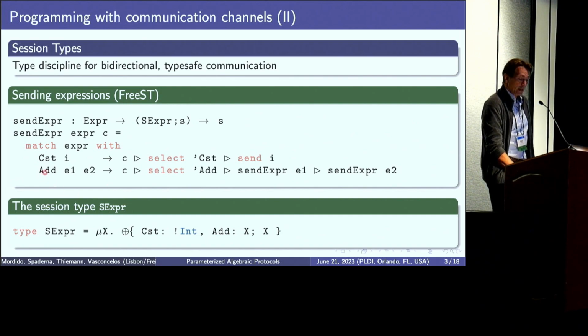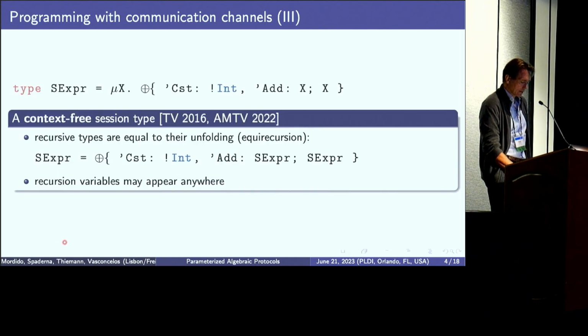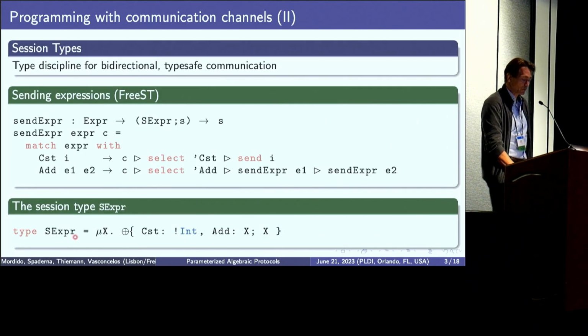If you matched on the other kind, add of two sub-expressions, well, then again you issue the select command and switch the protocol to add, and then that allows you to send two expressions corresponding to the two sub-expressions that we've seen. The corresponding session type is the nice recursive type you see down here.